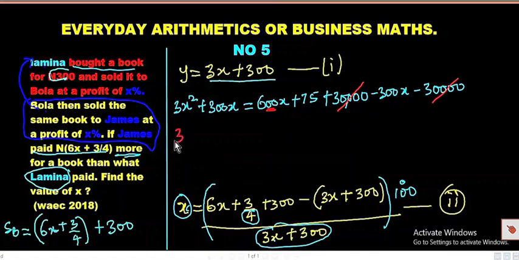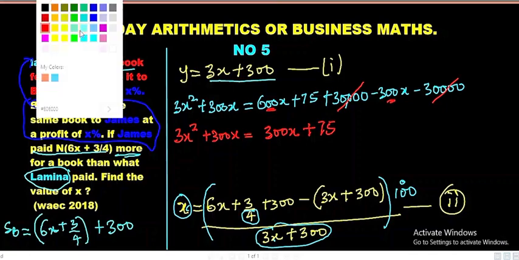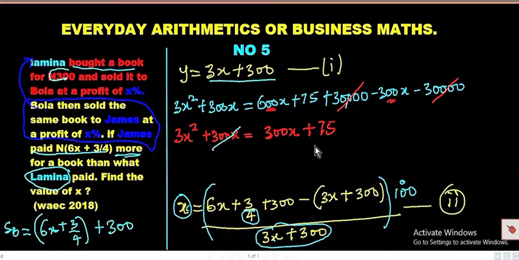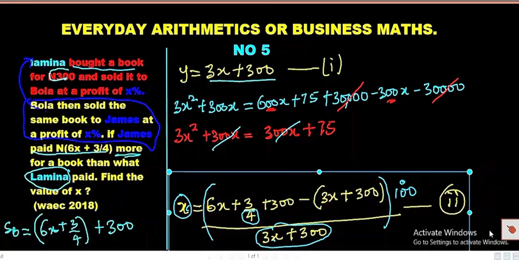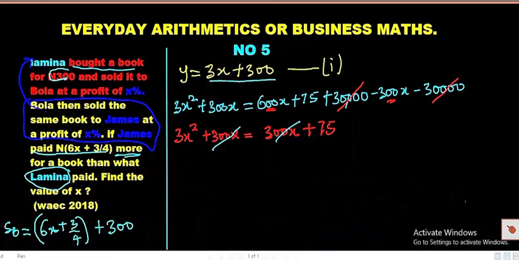So I'm going to have 3x squared plus 300x is equal to 300x plus 75, because this one minus this one is going to be 300. So even at this point too, 300 is also cancelling, this one minus this one is zero. So I'm having 3x squared is equal to 75.